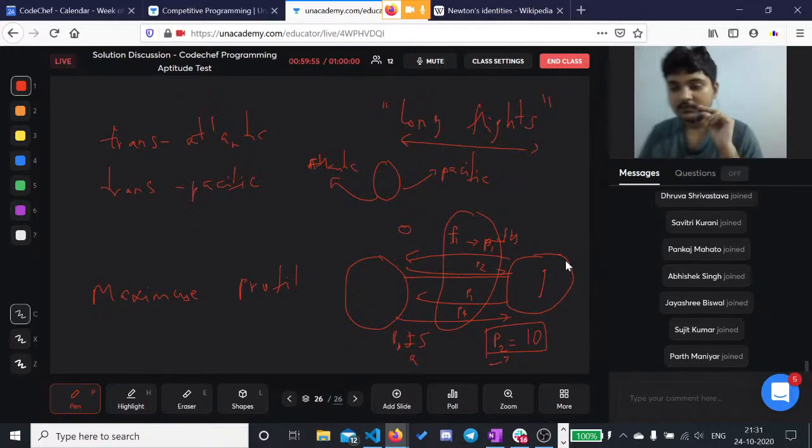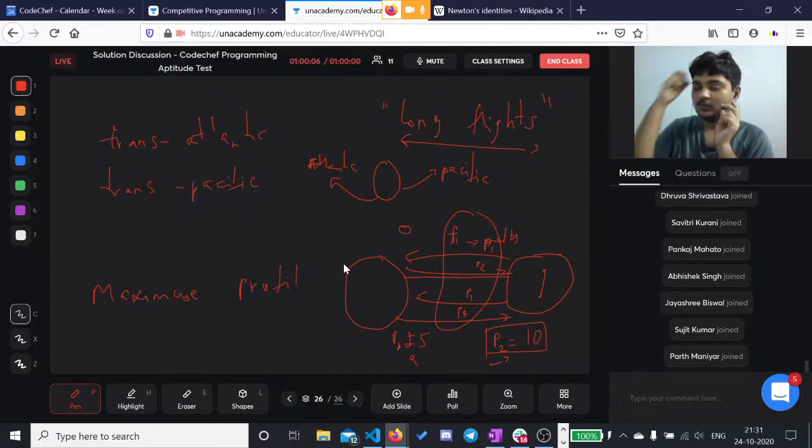So you may end up having to choose more than one transatlantic or trans-Pacific flight to maximize your profit, but there will be at least one, and that one will be the one with maximum profit. That will definitely exist. That's the only thing you can say about the graph, and so that's the answer for that question.